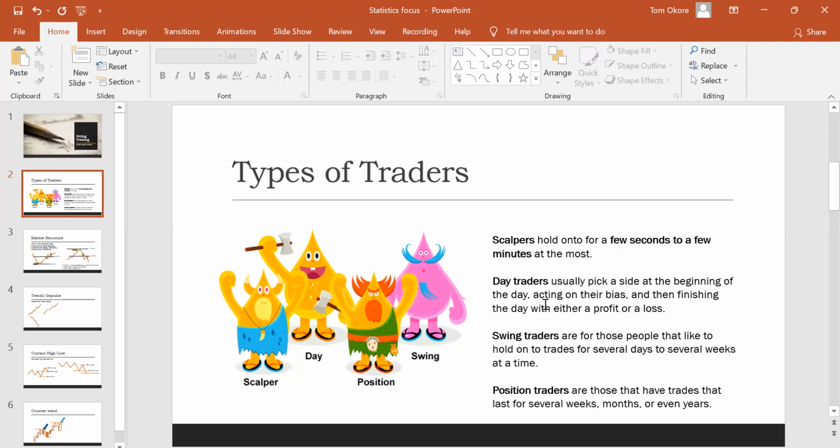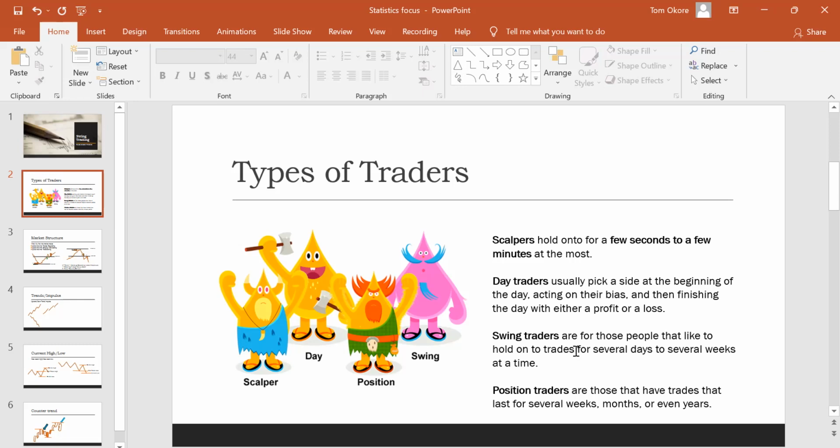Basically, they trade during the day, and they normally pick a bias, where they're going to be buying or selling for the day. Then we have the swing traders, which is what we are trying to practice now. These are people that like to hold on to trades for several days to several weeks at a time.